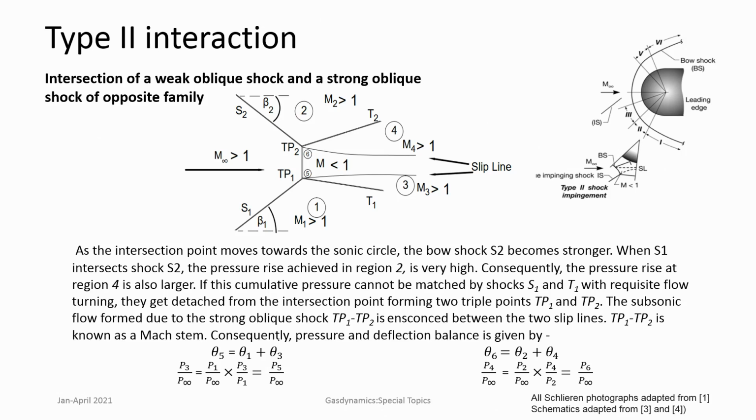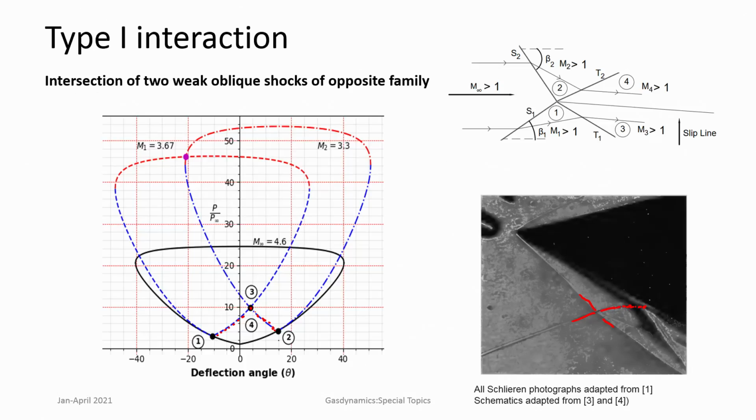Okay. Now, when we increase the strength of the shock further, so from type 1 if we go towards type 2, which are stronger shocks, then it may not be possible to have just two shocks coming out, because we know that for all shock polars, there is a maximum flow deflection that can be done, which is somewhere around this region.